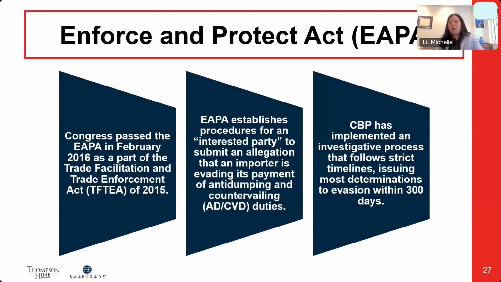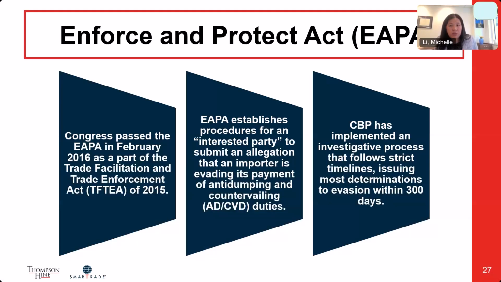But even with this circumvention inquiry proceeding and the scope ruling proceeding, Congress decided that wasn't sufficient. So Congress passed the Enforce and Protect Act in February 2016 as a part of the Trade Facilitation and Trade Enforcement Act of 2015.